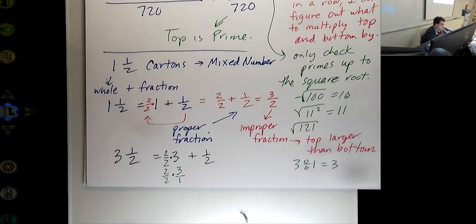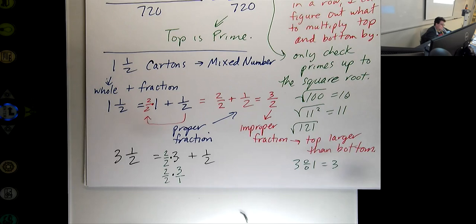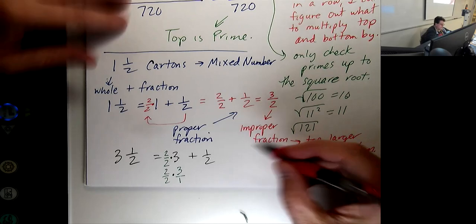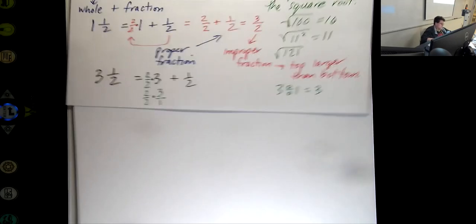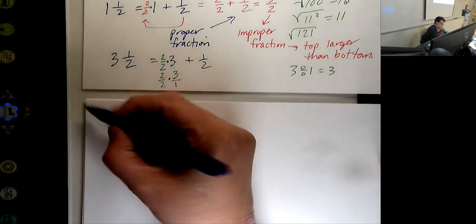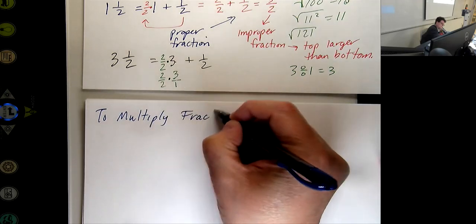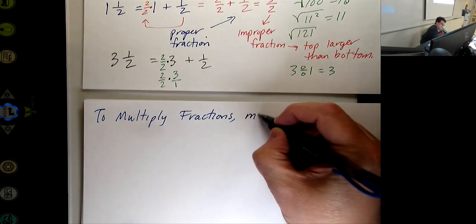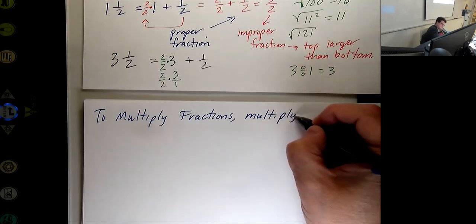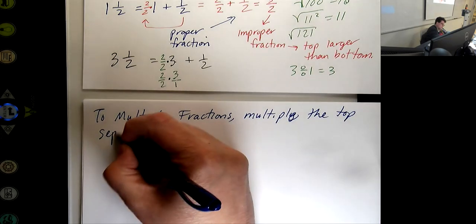Which leads to a really good question. How do I multiply fractions? I was doing it up here. I completely bypassed that discussion. For multiplying fractions, multiply the top separately from the bottom, and then do the same on the bottom.